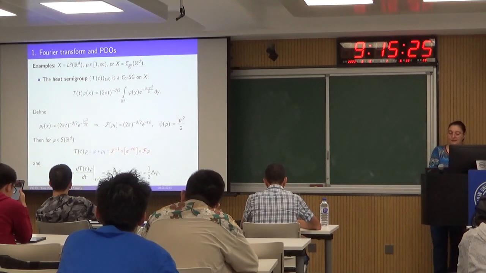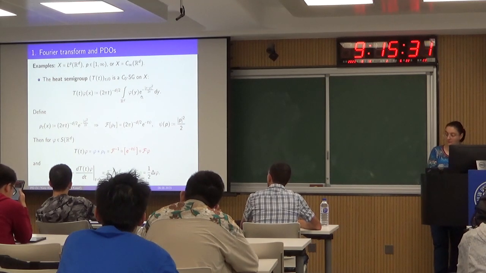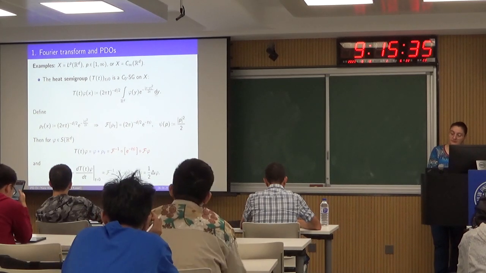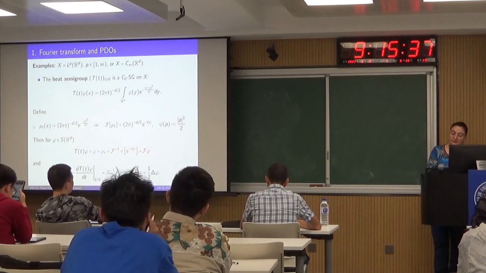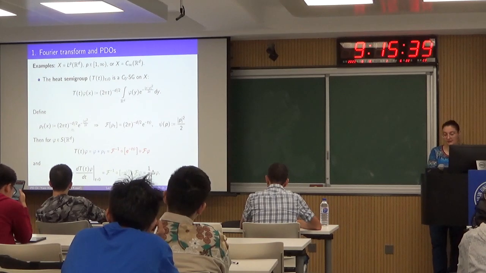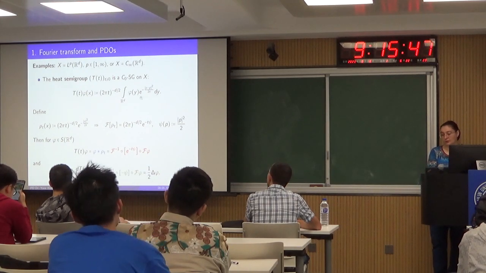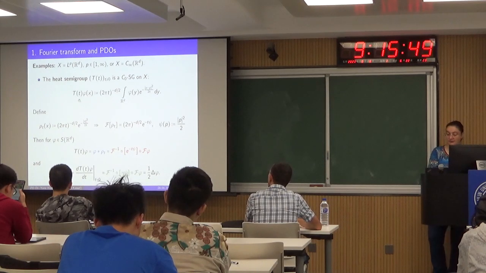The first example is the heat semigroup. It is a family of integral operators with a Gaussian kernel, which we discussed yesterday. Consider the function rho t of x. This is the probability density function of the normal distribution, which acts as the density of the kernel in this family of operators.